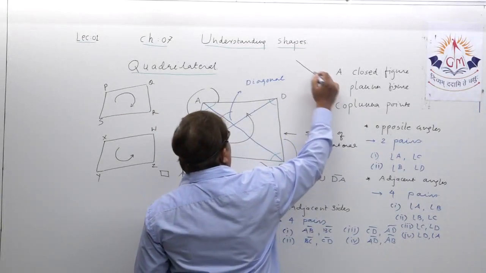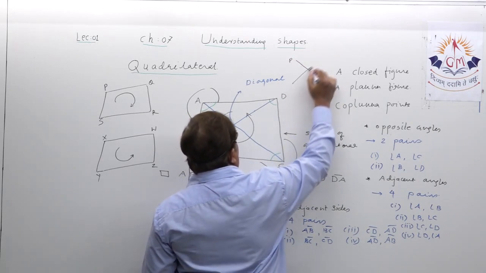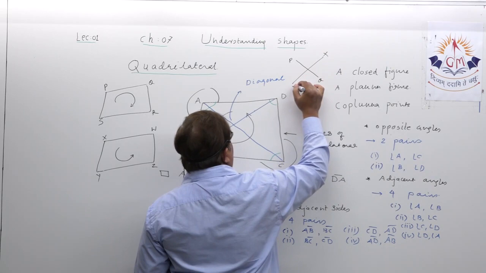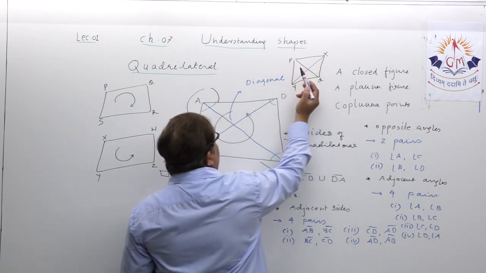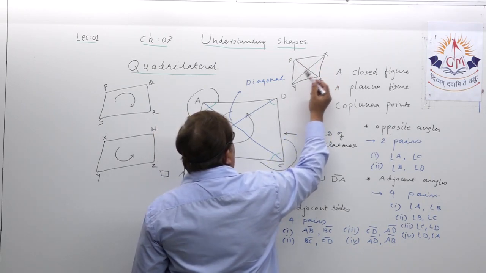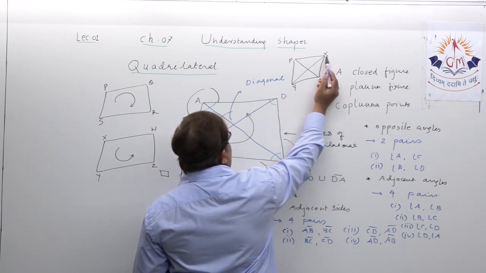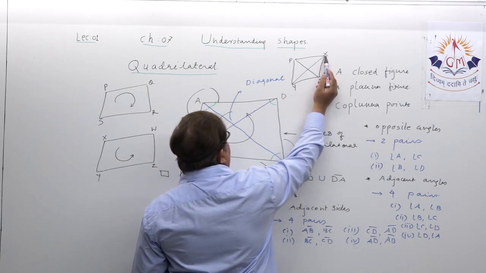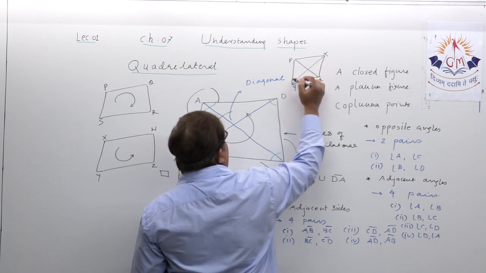Suppose, dear student, you draw one diagonal PQ and another diagonal XY. Now you join it. Can you name this quadrilateral? PXQY or PYQX. If you want to start from Q, XQYP, XPYQ.